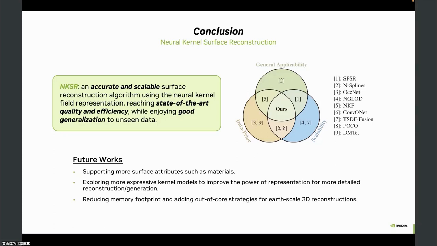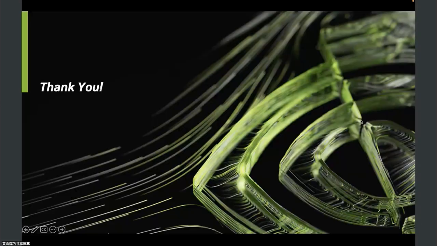Feel free to imagine other applications besides surface reconstruction using this framework. And I believe that in the future there could be many more applications supported by such a framework.